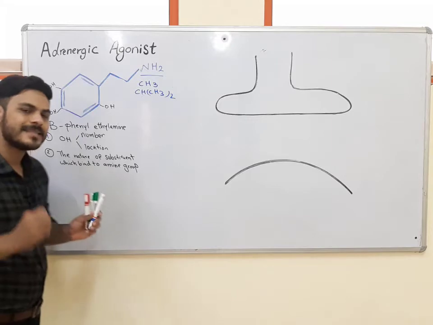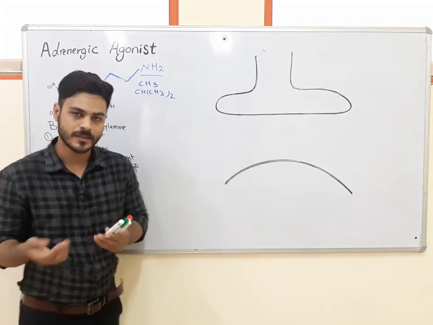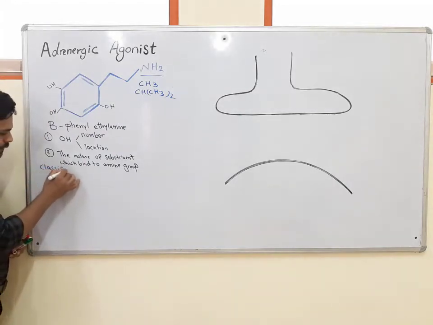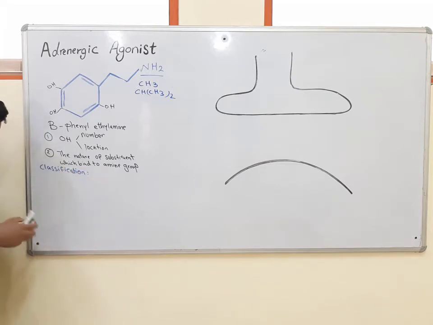We can classify adrenergic agonists on the basis of their chemical structure into two groups. So we'll study the classification. The first group is catecholamines.